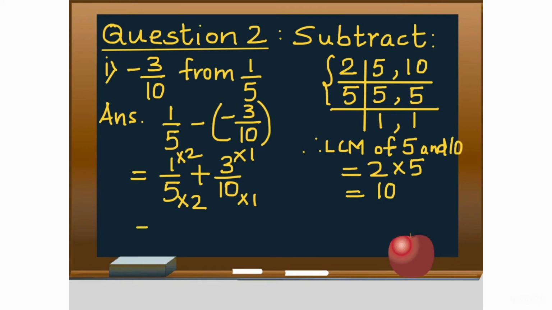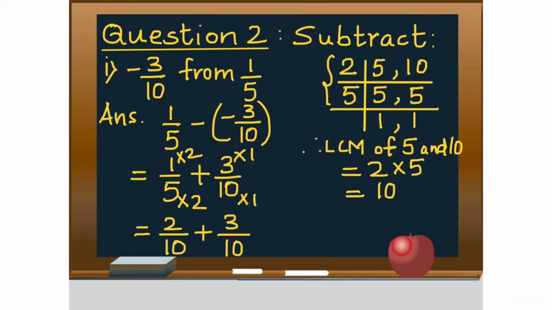Now this expression is equal to 1 times 2 is 2 by 5 times 2 is 10 plus 3 times 1 is 3 by 10 times 1 is 10.